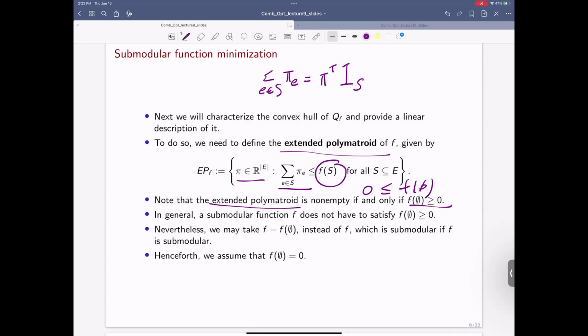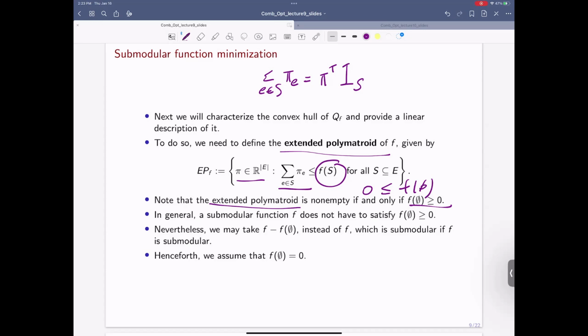It's possible that a submodular function has a negative value for the empty set, but we are interested in minimizing or maximizing a submodular function. So we can always subtract the constant given by the value of the empty set. This is also a submodular function.